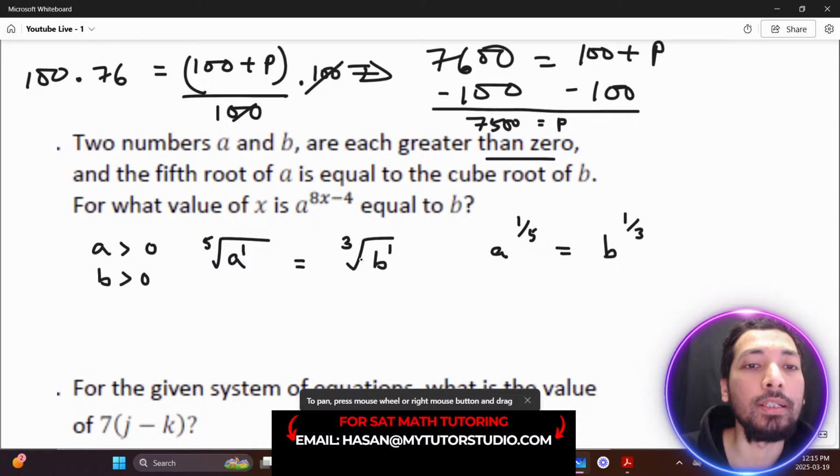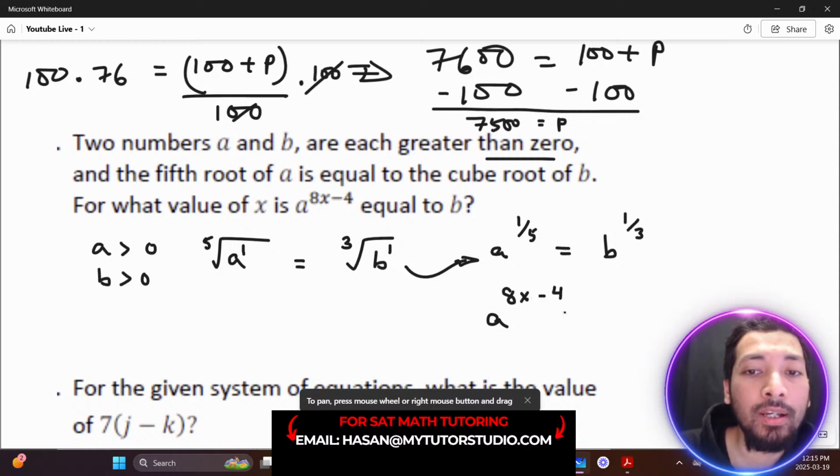Now it says for what value of x is a to the power of 8x minus 4 equal to b. So we just need to write this as a to the power of 8x minus 4 is equal to b.